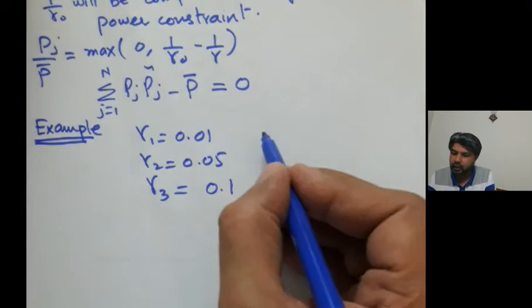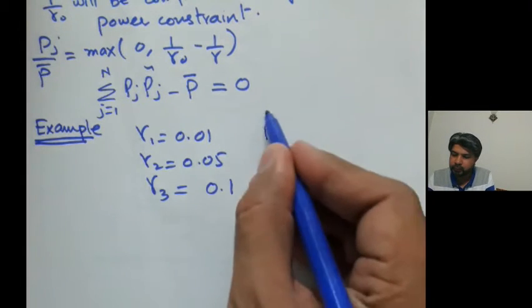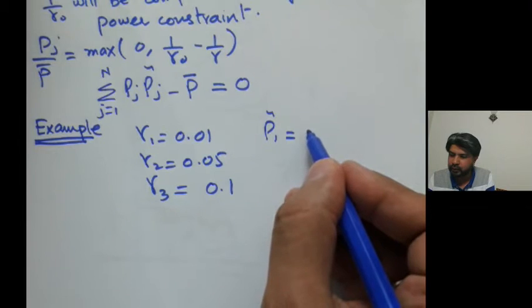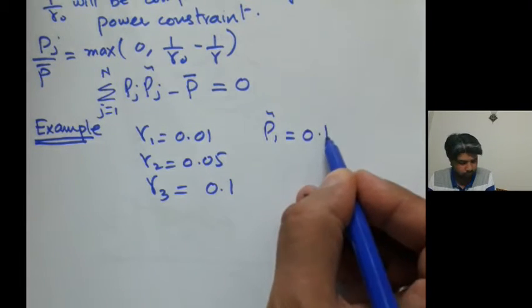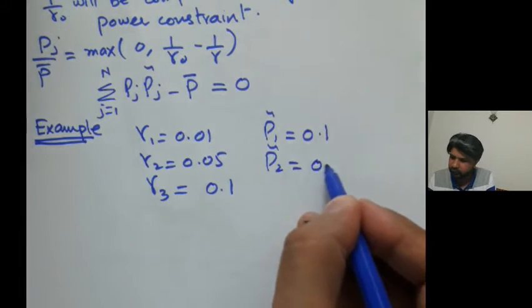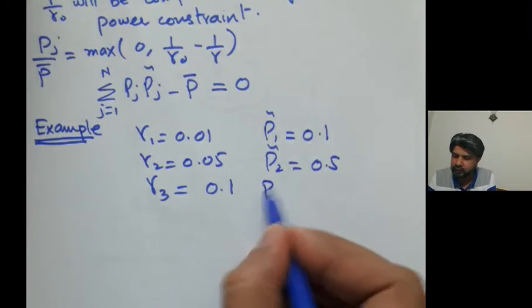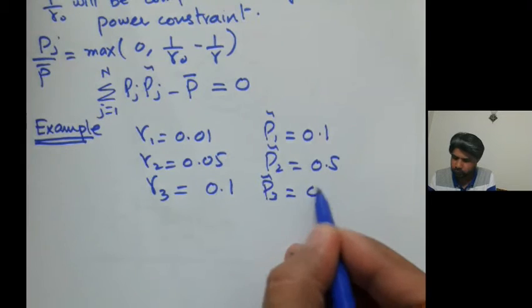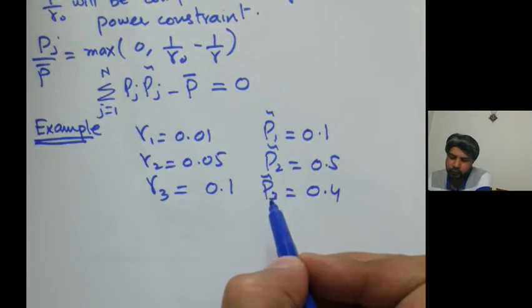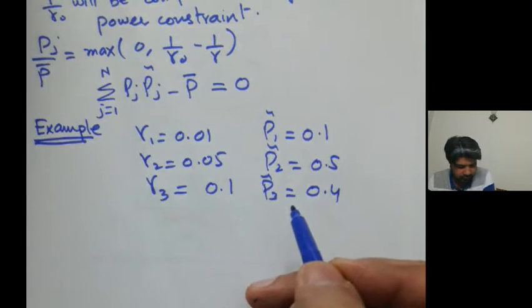The respective probabilities with which these are going to happen are P1 tilde equals 0.1, P2 tilde equals 0.5, and P3 tilde equals 0.4. Of course, the summation of Pi tilde, i from 1 to 3, must be equal to 1, and that is the case.